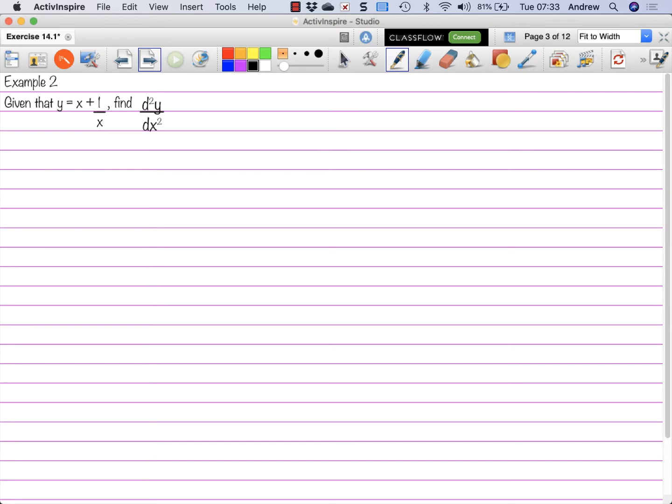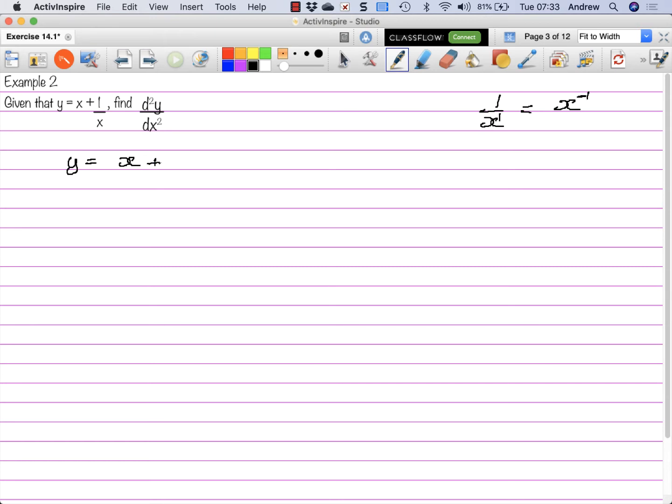Example number 2, continuing with revision of last year's work. Now, we've got y equals x plus 1 over x. Now, we know that 1 over x, in order to differentiate it, has to be written with the x on top. The power on the x is 1, so when we bring it to the top, it becomes minus 1.